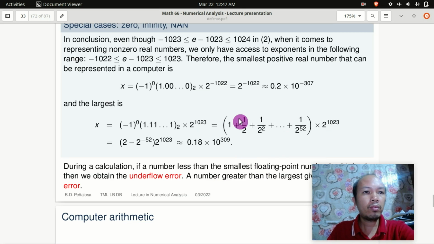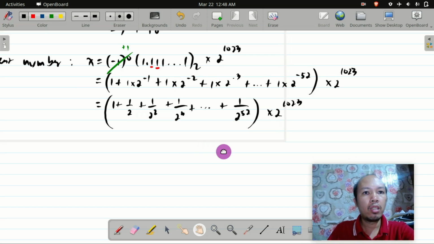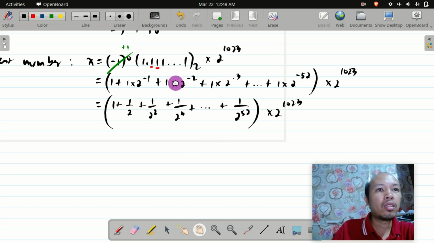So how do we get this number? This expression in the parentheses is equivalent to 2 minus 2 to the negative 52. So please do remember that in the fractional part there are 52 digits all in all. Please remember that.